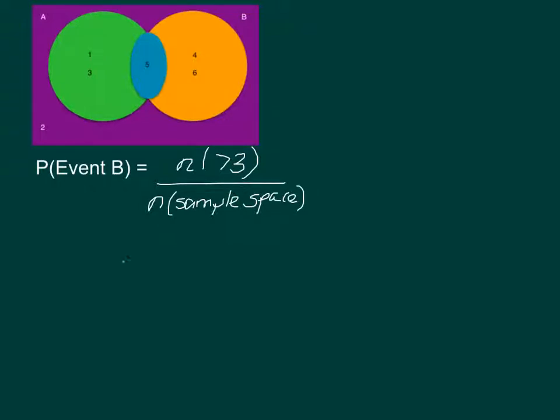Therefore, there are again 3 possibilities divided by the total sample space, which again is 1 over 2, or 50%.